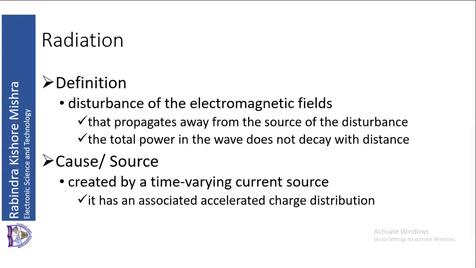Now, as you know, in any wireless communication system, the basis is radiation of electromagnetic waves. So there will be two points. One point is the transmitting point, the other point is the receiving point. They are not connected by a wire. They are in free space.